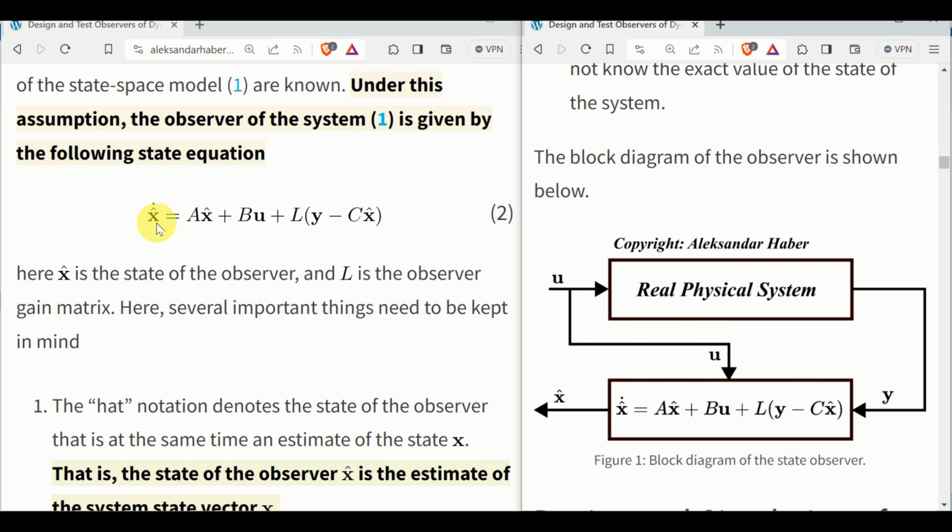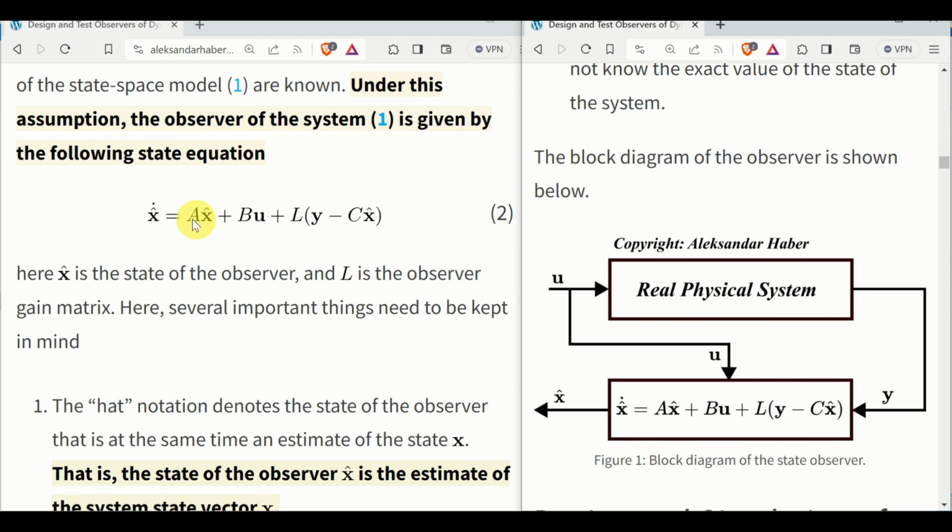The observer of the system is given by this state equation, and here is the block diagram of the observer. Let us explain this notation. x hat is actually the state of the observer. That is, the hat notation denotes the state of the observer. The state of the observer is at the same time an estimate of the true system state.